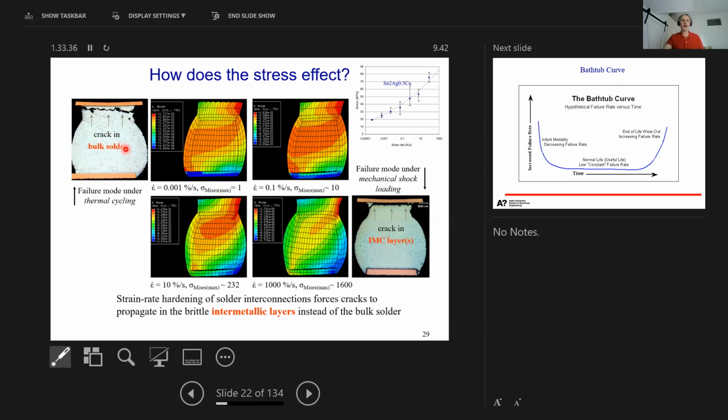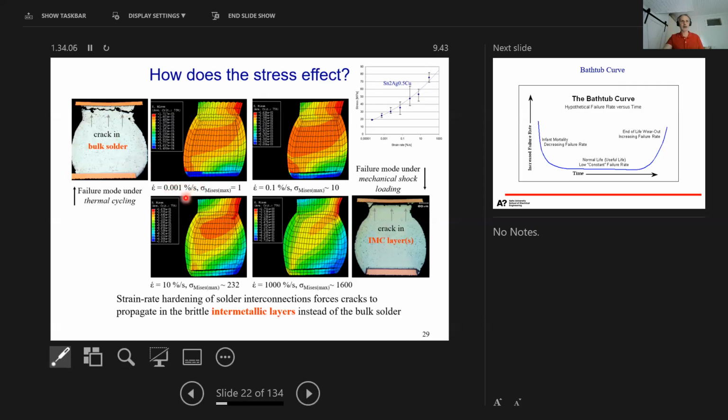If we apply the same bending, so exactly the same amount of bending, but we apply that one 1 million times faster. So here the strain rate is 0.001% per second, meaning that we increase the length of a certain material at the rate of 0.001% per second.